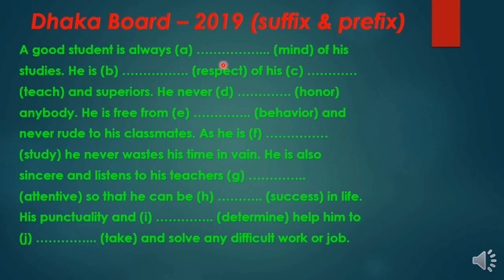Within the passage, a blank space will be given and the root word will be given in brackets. You will have to write this root word in the correct form by using either a suffix or prefix, and the meaning should be appropriate according to grammar.